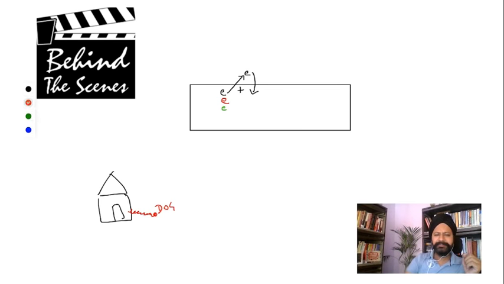So let's say there is a photon here, and the photon falls on the electron. It gives it some energy, but the electron needs a certain minimum amount of energy to become free. For the sake of understanding, let's say this black color electron needs 3 electron volts of energy.